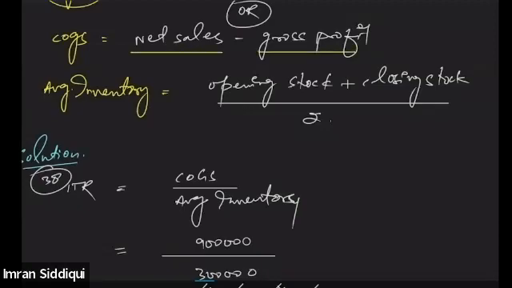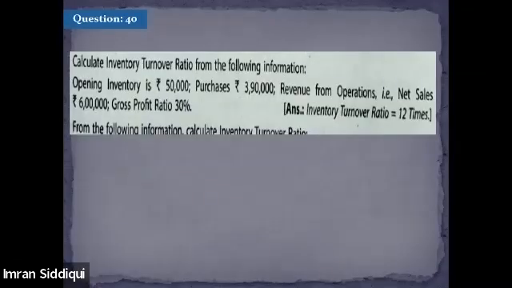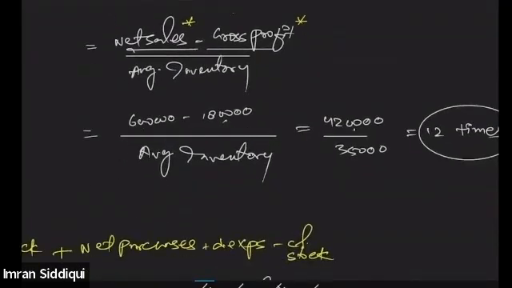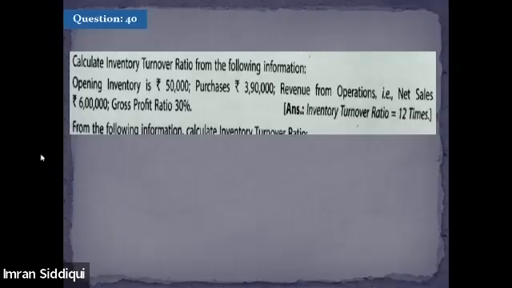So in this question, we have the value of the net sales given, and we have the percentage of gross profit. Net sales is 6 lakh and the gross profit is 30%. Gross profit is always calculated as a percentage of sales, please remember that.